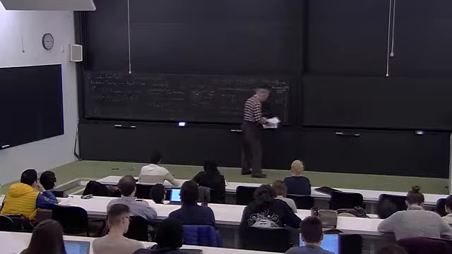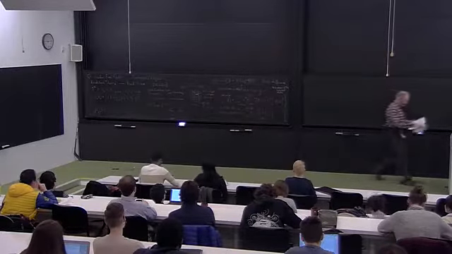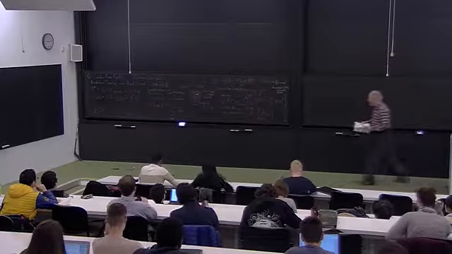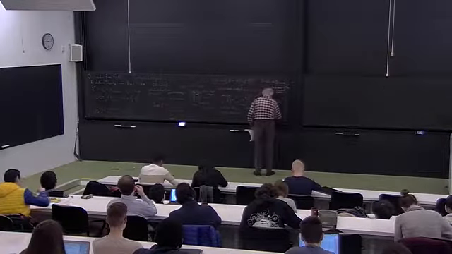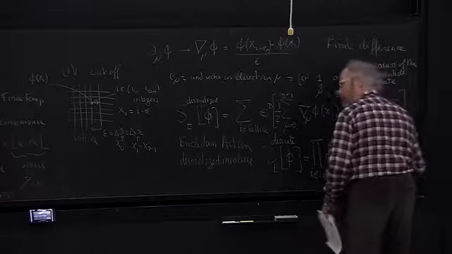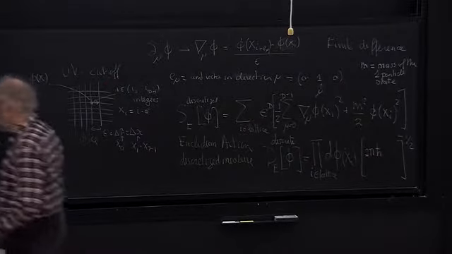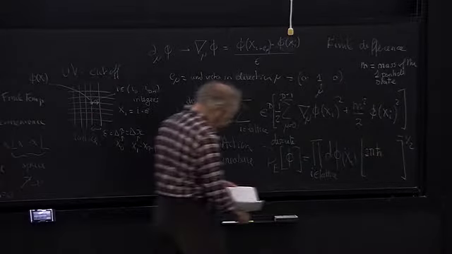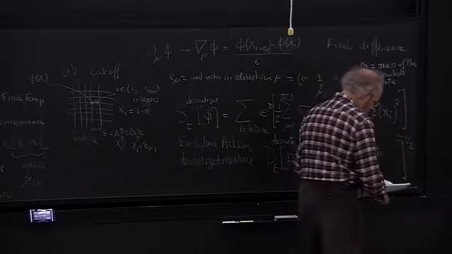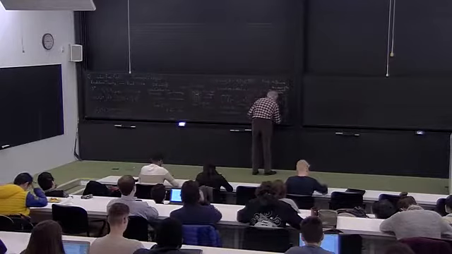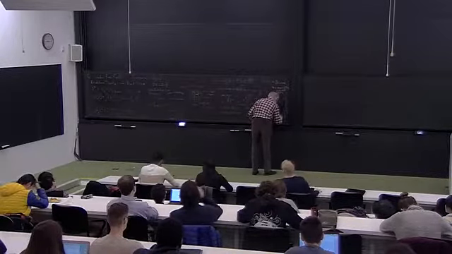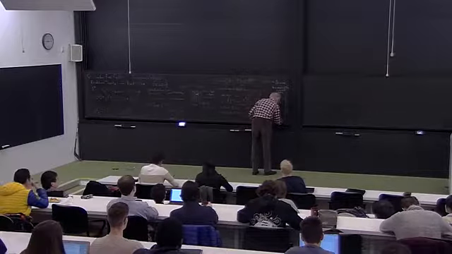So the final result is, if I am not mistaken, there is still the 2 pi h bar, because there is a 1 over h bar here. And we have here an epsilon to the power of the dimension of space-time minus 2.